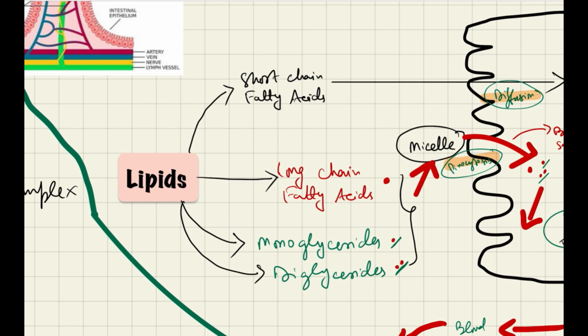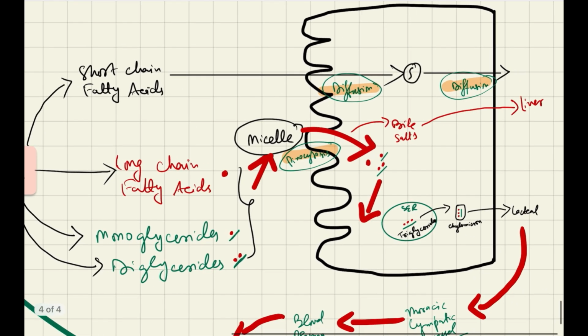Fatty acid chains can be short chain fatty acids, which are dissolvable in water to a large extent. That's why by simple diffusion they get into the enterocyte, and from there into the blood capillaries.